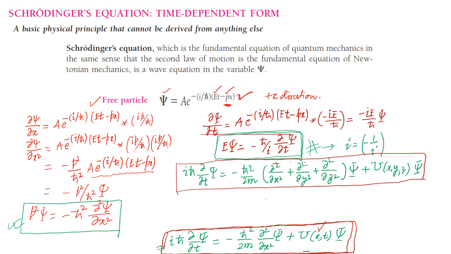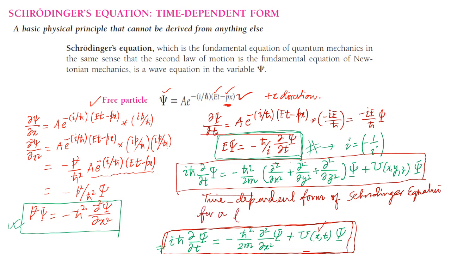So this is the time dependent form of the Schrodinger equation for a free non-relativistic particle, or say the three-dimensional time dependent Schrodinger equation for a free particle.